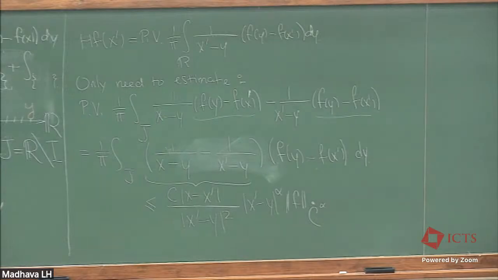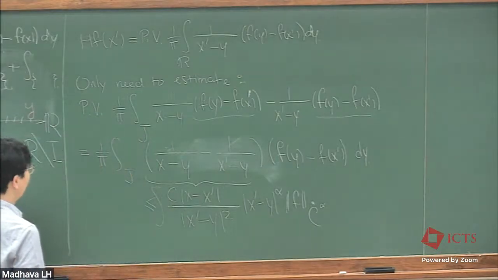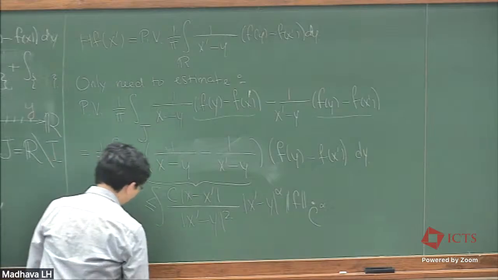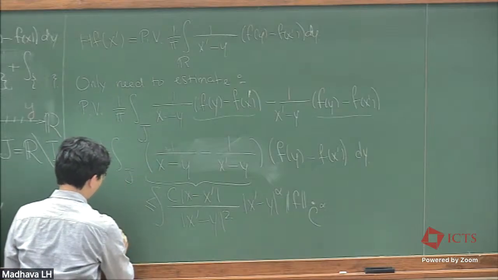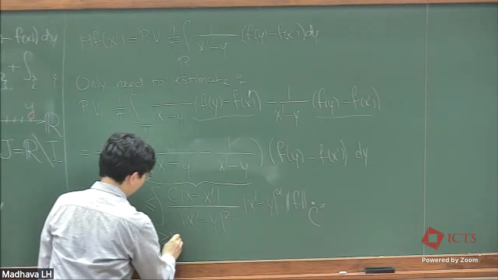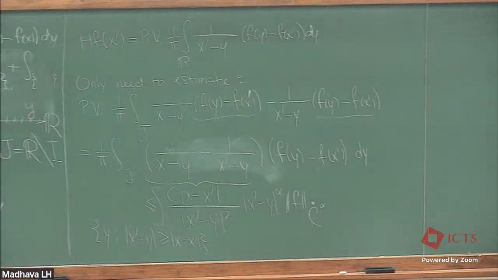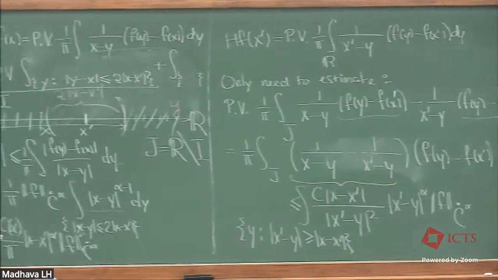Now what's the point? The point is that J is contained in the region where |x prime minus y| is greater than |x minus x prime|, because that region is this. This is larger than J, but it's okay.